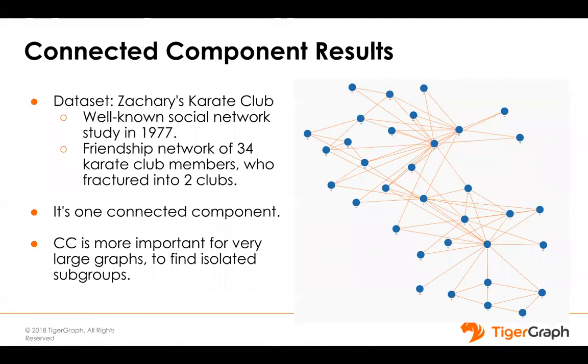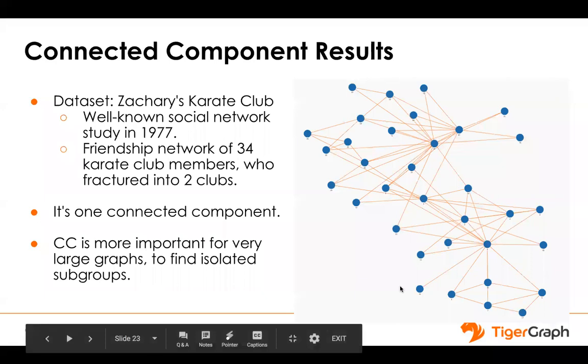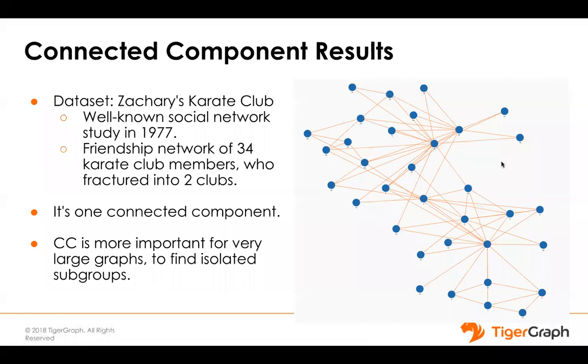Zachary's Karate Club represents a real karate club of 34 members, that started out as one group, and then they had some falling out and they split into two groups. You can kind of see that the upper half is one group and the lower half is another group.